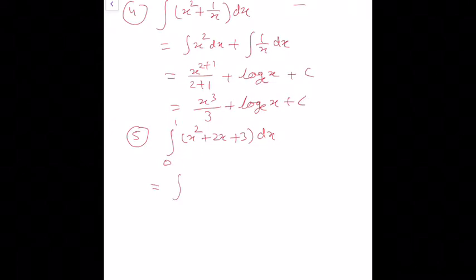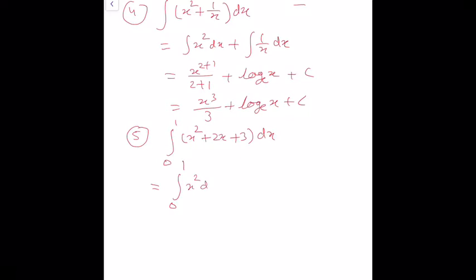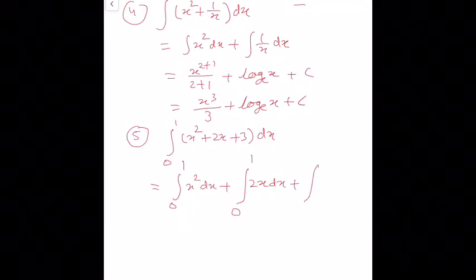So 0 to 1 x square dx plus 0 to 1 2x dx plus 0 to 1 3 dx.